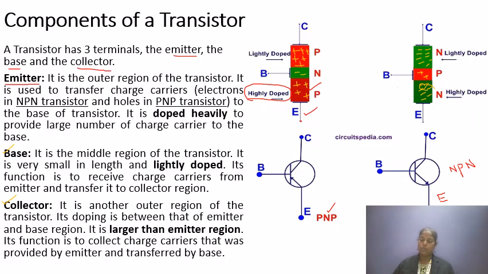It is a source, so it has more charge carriers; then only it can transfer them. So the emitter is highly doped and more electrons are present in the case of NPN. And the collector's area is very broad, but it is slightly doped. Is it clear?